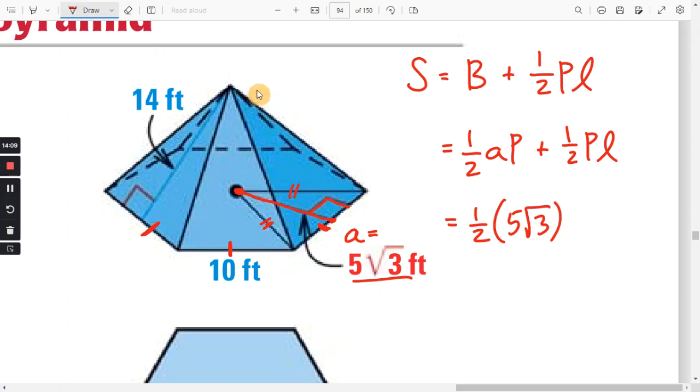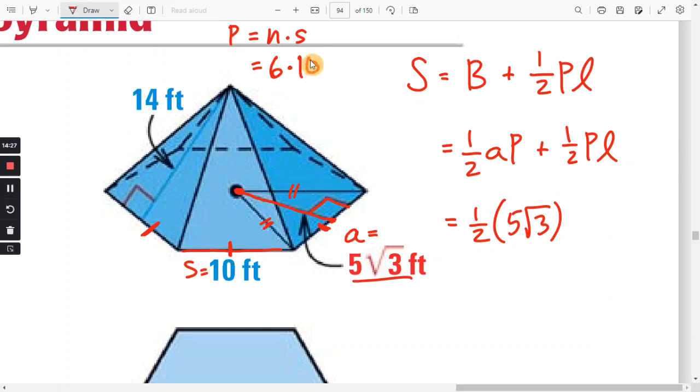And we know the formula for perimeter is just N times S. N is the number of sides. It's a hexagon, so that's 6. S is the length of each side of the hexagon, so that's 10.